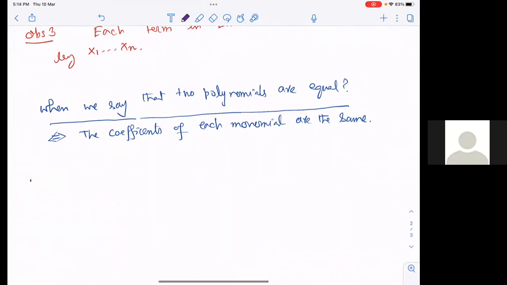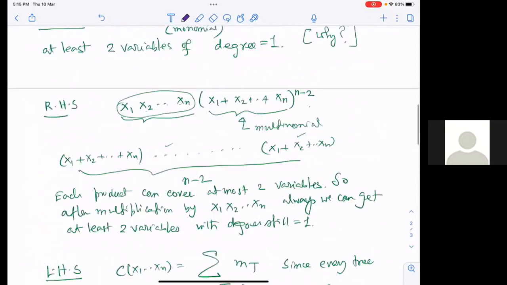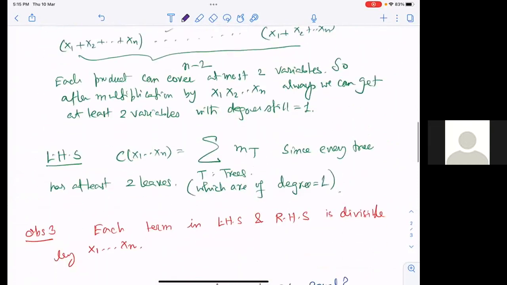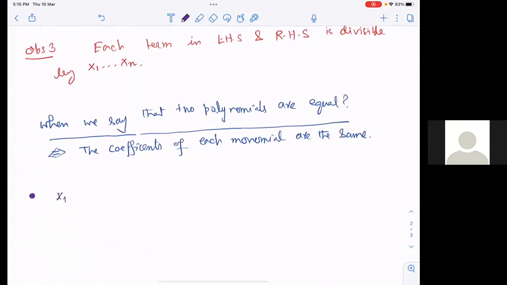So one thing to note. There are lots of monomials in the left hand side and right hand side, right? So look at a monomial, for example, where x1 appears with degree 1. It doesn't matter, look at either LHS or RHS.